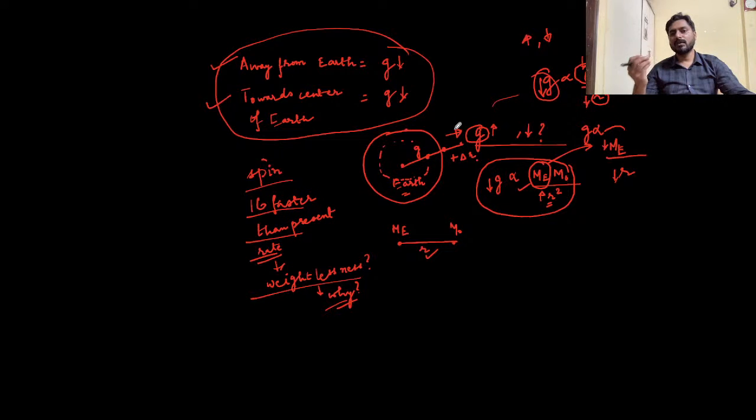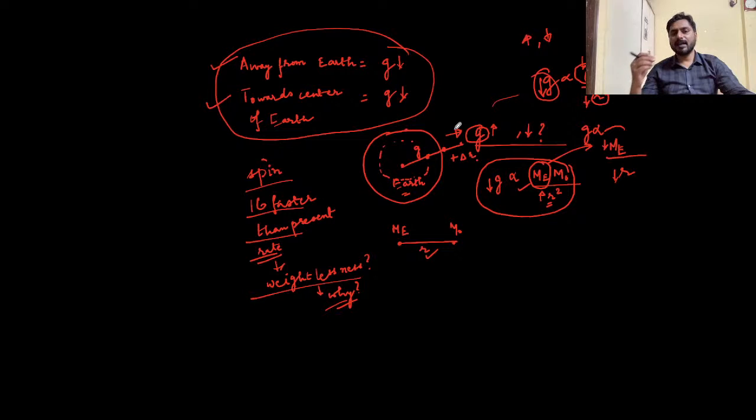In a circular motion you will experience two kinds of forces. One is the center seeking force, that is the centripetal force. So center seeking force is called as the centripetal force. So why is earth revolving around sun? Because sun is pulling earth towards its center. So the center seeking force in case of sun and earth is your gravity.